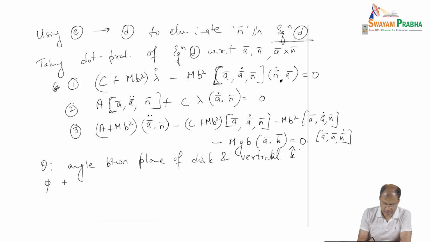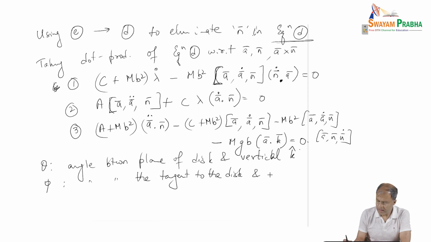Similarly, phi is the angle between the tangent to the disk and the horizontal axis, so it is the angle between the tangent to the disk and the OX axis.